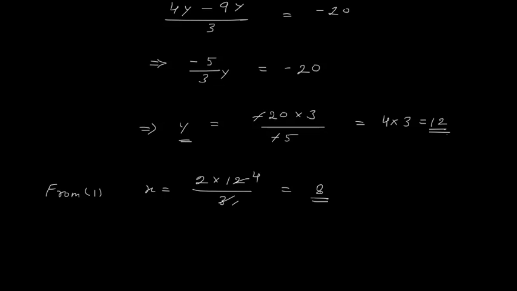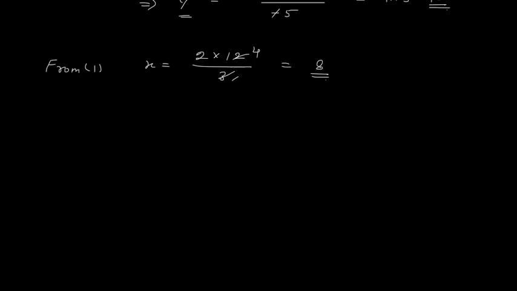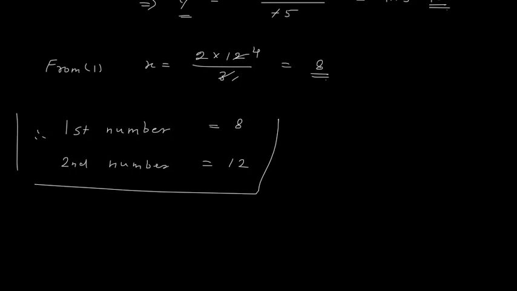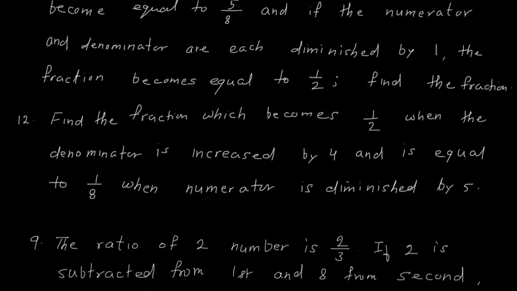The value of x is 8. So therefore the first number is 8 and the second number is 12. So this is our first and second number. This is our 9th question.